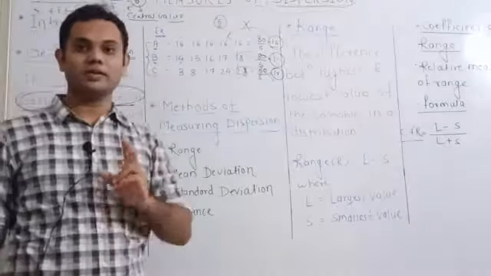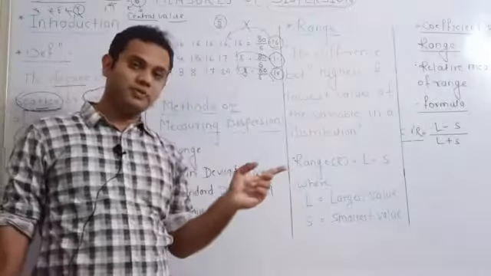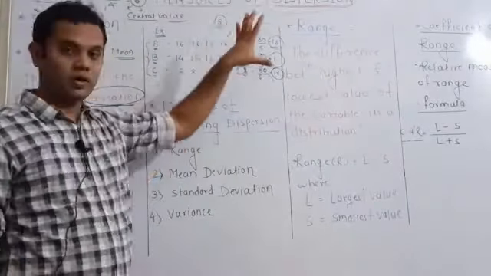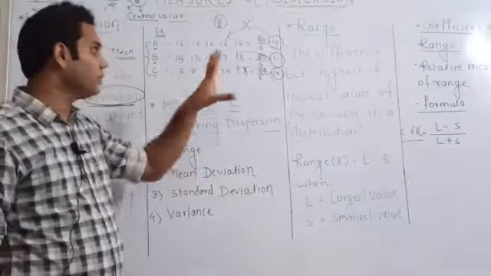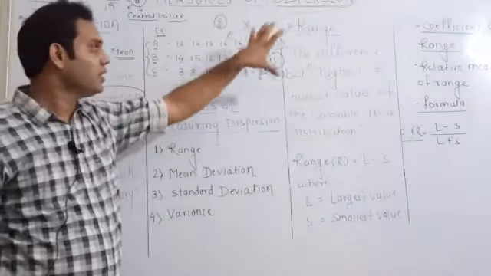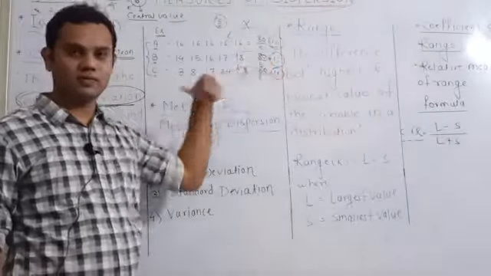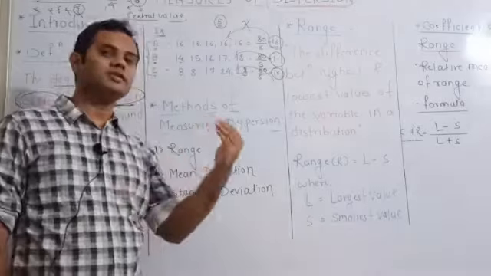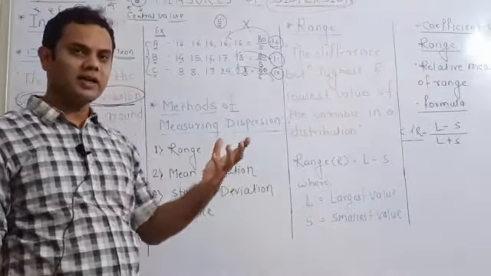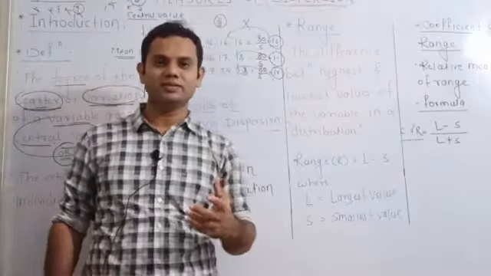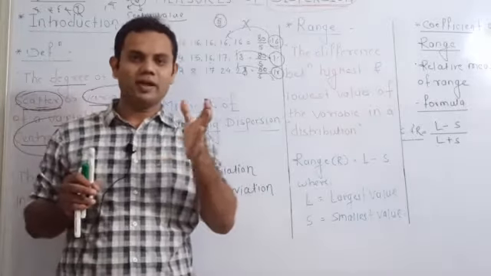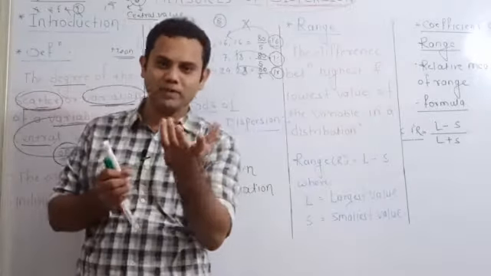Now, what are the lacunas in the previous measures of central tendency? Even in the mean, even if you take each and every observation into consideration, it may sometimes give a false impression. In case of mode and median, the condition becomes worse, because these are only positional averages. They do not take every observation into consideration. Median is just a middle value.